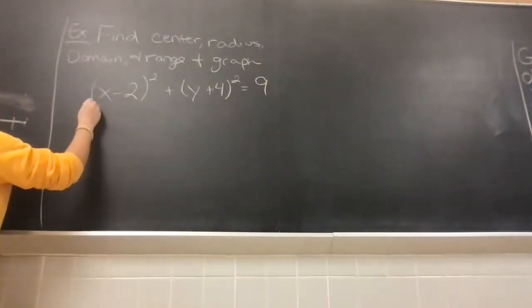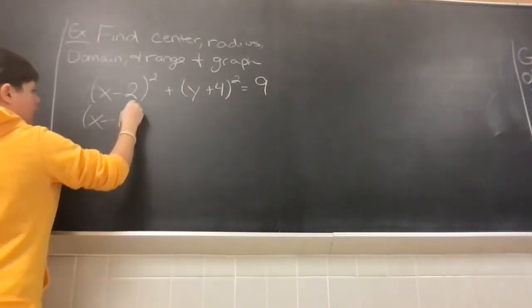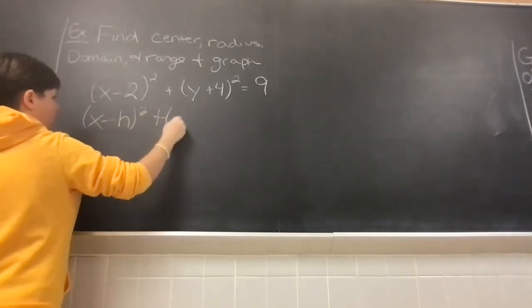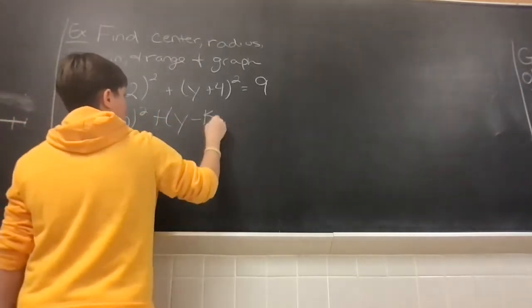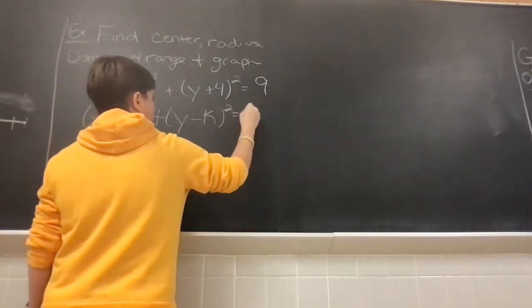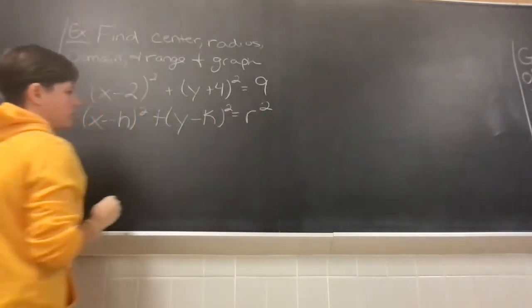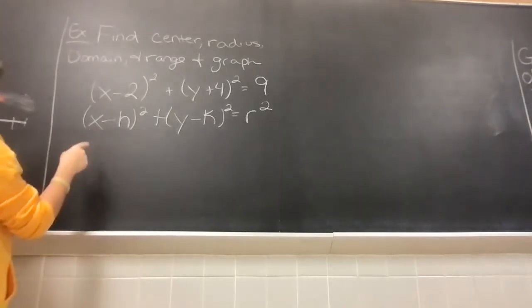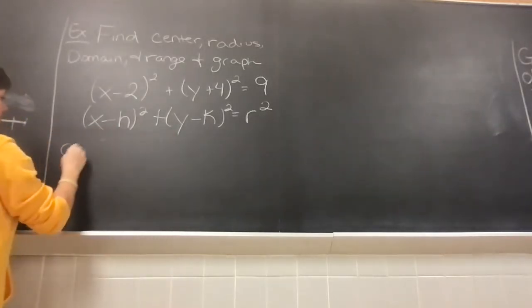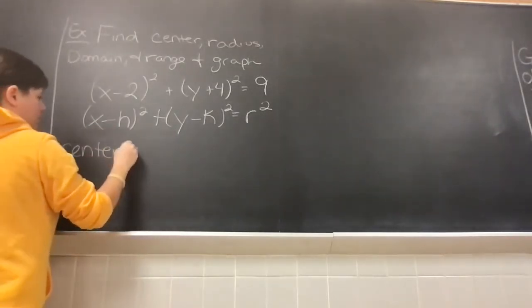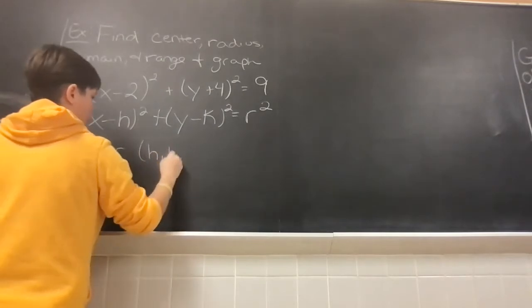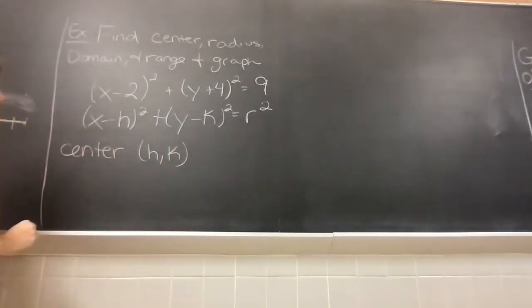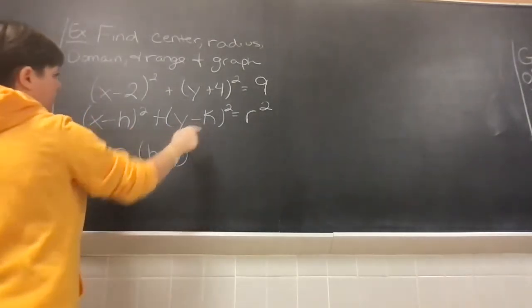So I'm going to write the standard form of a circle again, just for practice, but also to remind us, because it's in the standard form of a circle that we have a lot of information. Remember, the standard form tells us that the center is at the point (h, k), which is here and here.